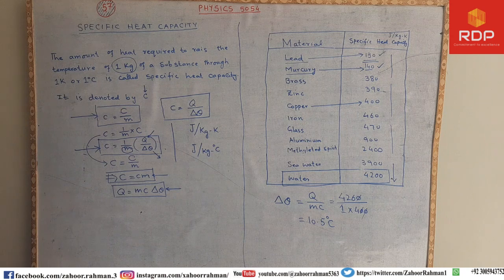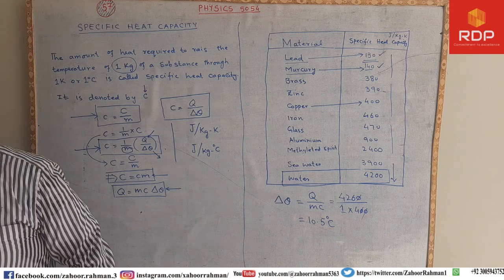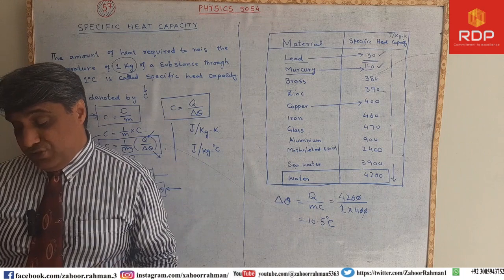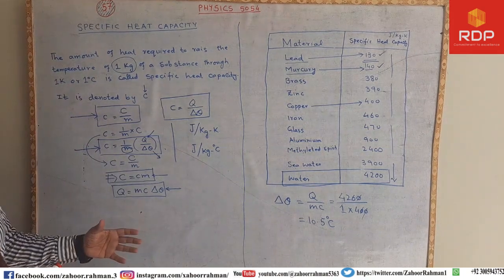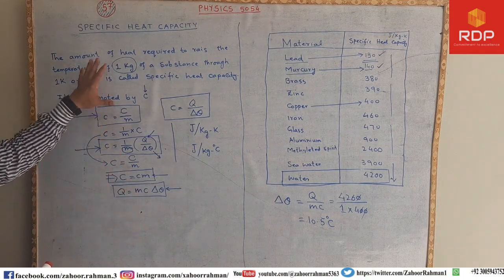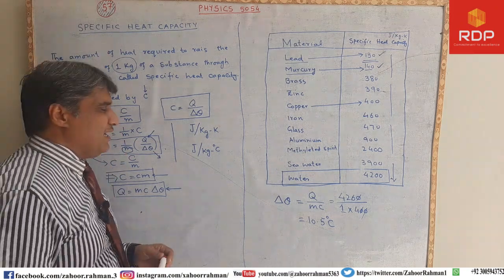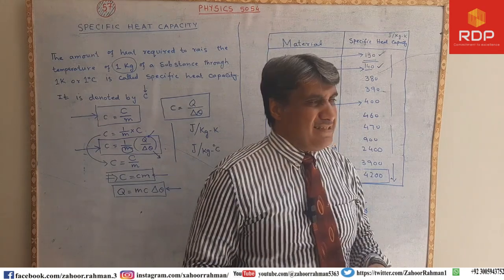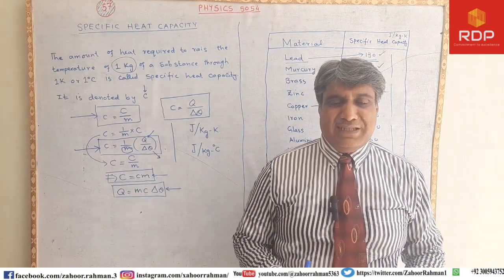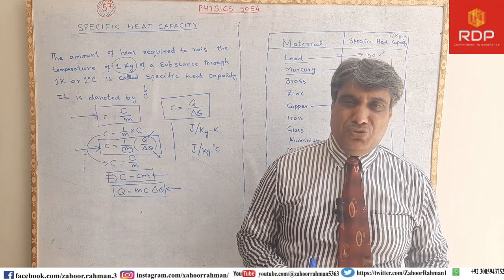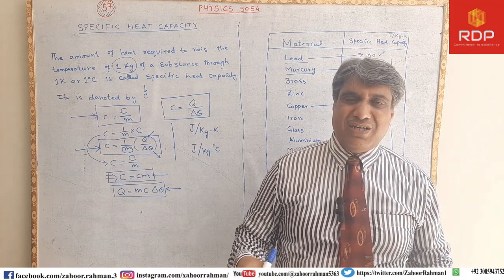So now we are turning our focus to the worked example, and we will utilize our knowledge of the specific heat capacity. If we understood this worked example, then it means that we will be able to utilize our knowledge.